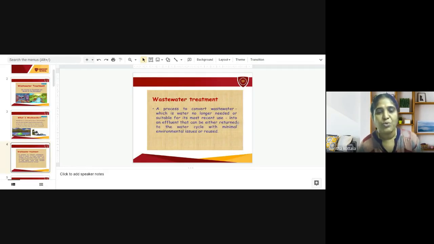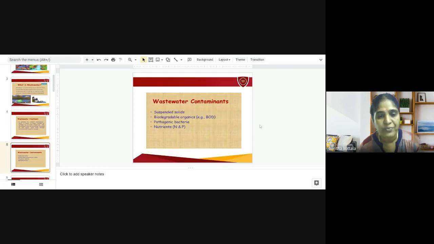Wastewater treatment is a bigger process. It converts wastewater, which is water no longer needed or suitable for its most recent use, into an effluent that can be either returned to the water cycle with minimal environmental issues or reused.